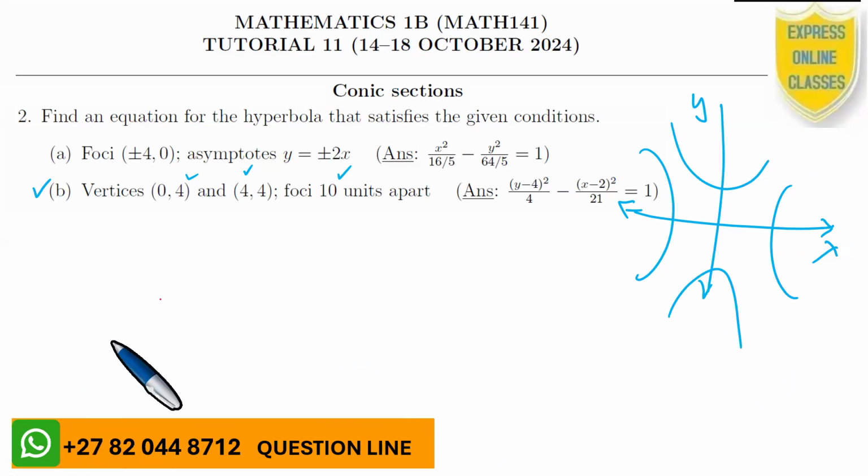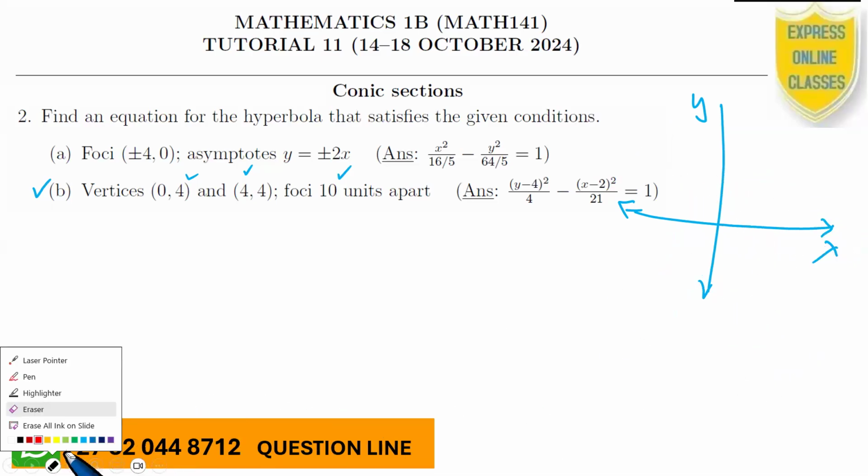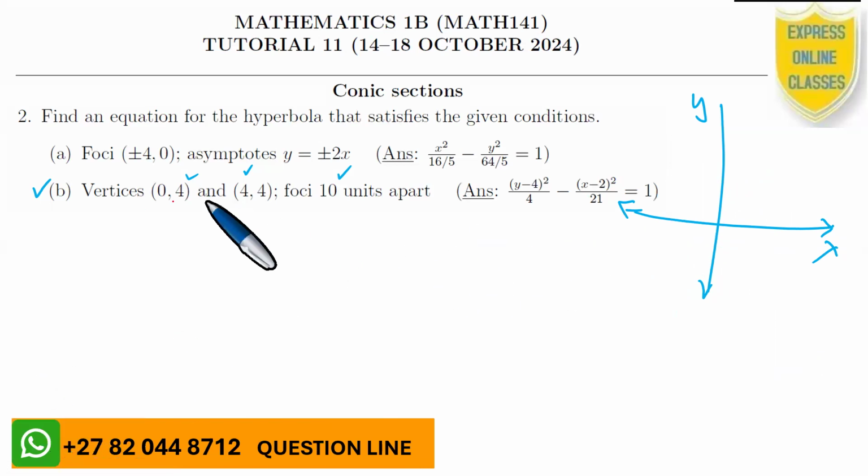Okay, but if the vertices here have y is 4, obviously we want to check this. So let me remove the assumptions of where the graphs should sit. Now this one is 0, 4.